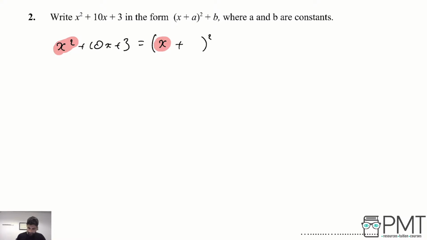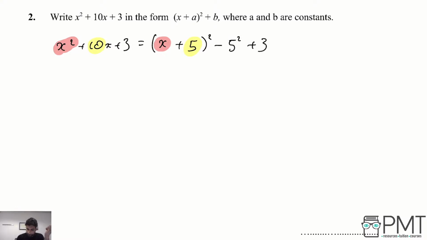Then I'm going to put a plus 5. Why 5? It is because I have a 10 in front of x, and 5 is half of 10. I always divide it by 2. Then remember to take away 5 squared and then add the 3.